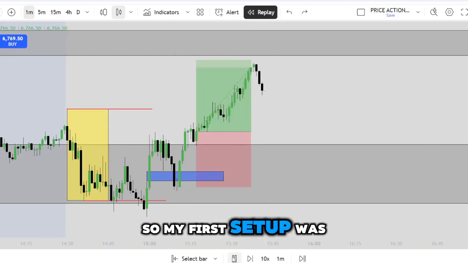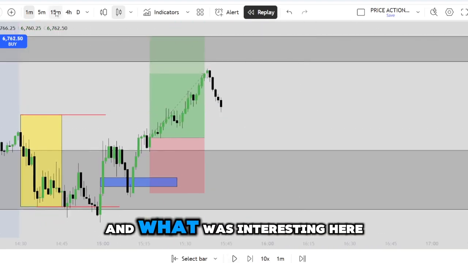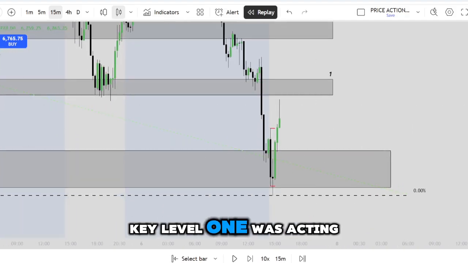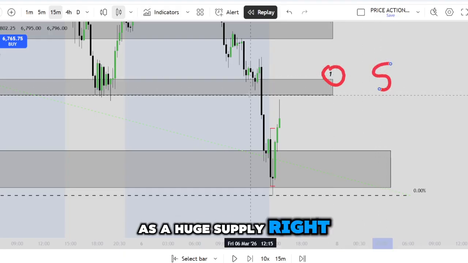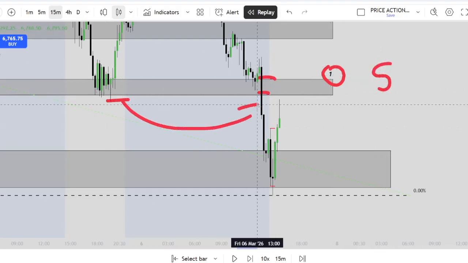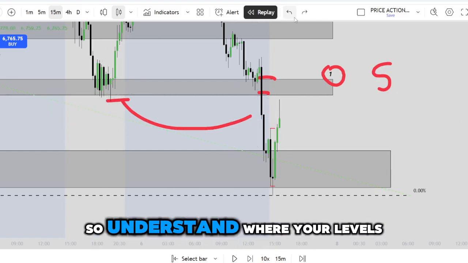So my first setup, I actually had my TP at the top of this level. And what was interesting here is a lesson about levels: key level 1 was acting as a huge supply. So I wanted price to fill this fair value gap. However, we were rejecting. So understand where your levels are.